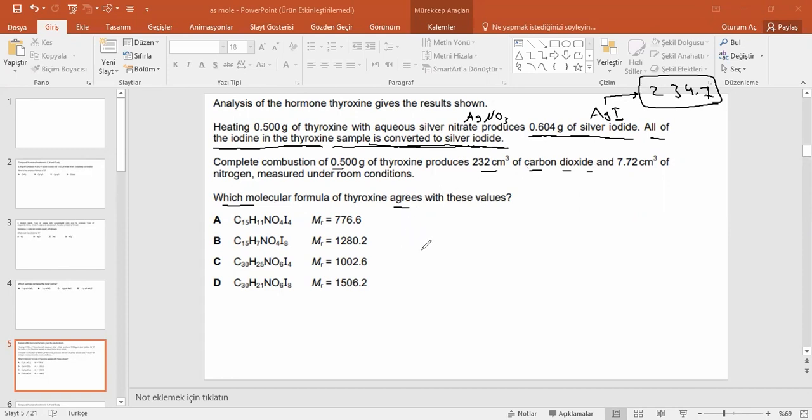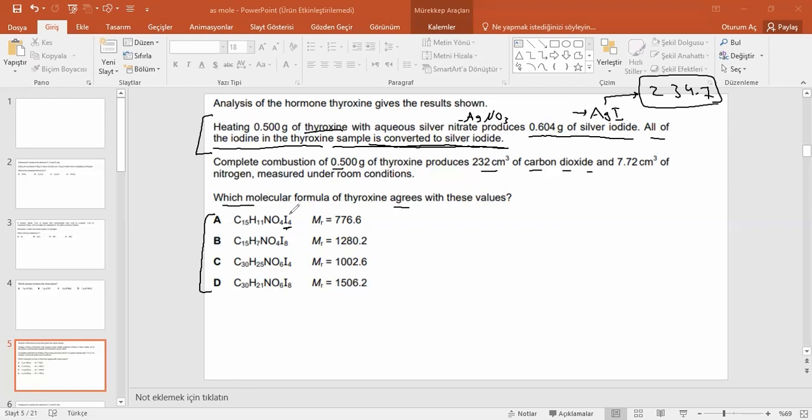So yes, we reacted one of these formulas. It is the thyroxine formula. But which one, we don't know so far. So we try to figure it out from the information given here. They say that when thyroxine reacts with AgNO3, all the I atoms here will become AgI.